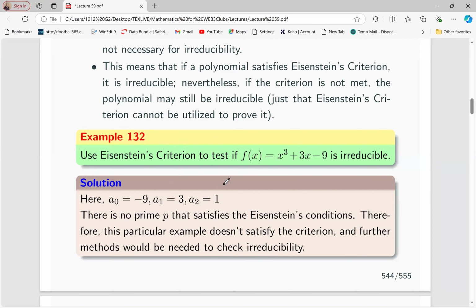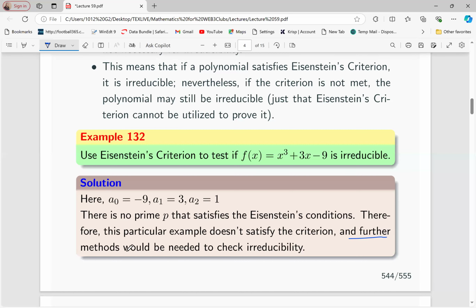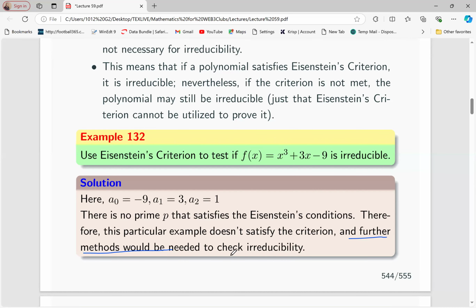But of course, I've already said that in this case, where the prime number does not exist, we do not say with a lot of certainty that the polynomial is reducible. We have to carry out other tests to confirm that. That's why we said that further methods are needed to check if the polynomial is reducible or irreducible.